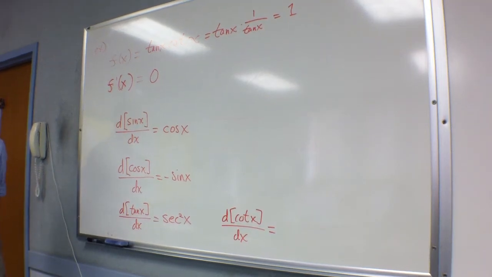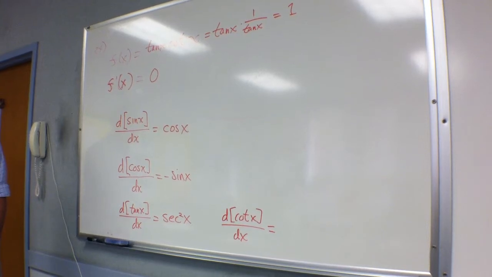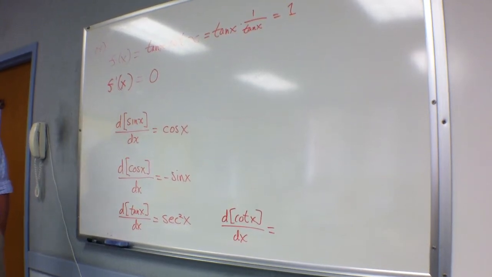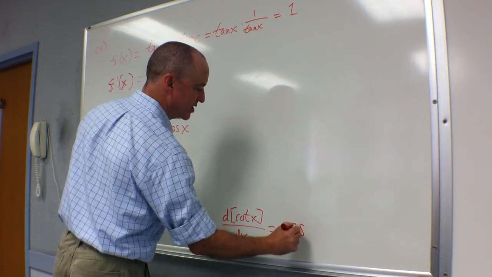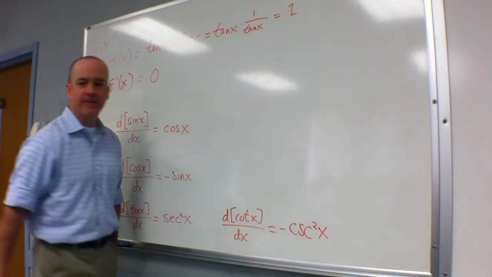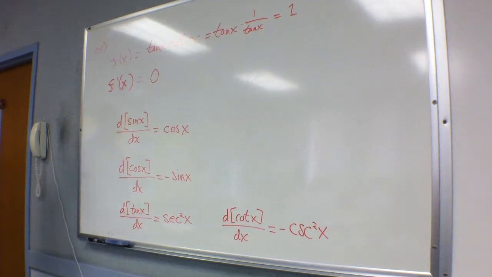Would it just be cosecant squared? If it is, that would be very smart. That'd be a little too easy. Actually, it winds up being negative cosecant squared x. Yeah, well, I can demonstrate that one in a minute.